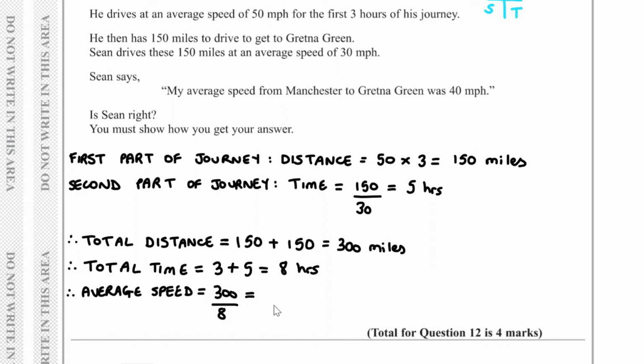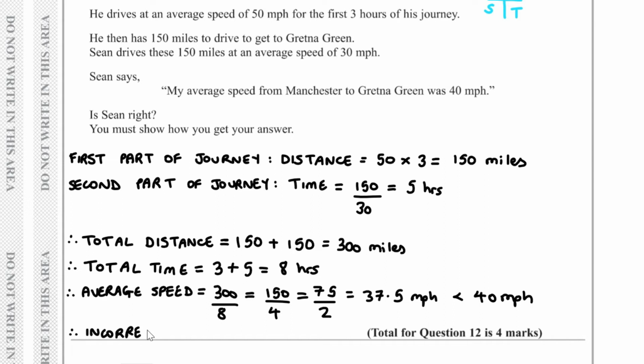So if we divide top and bottom by 2, we have here 150 over 4, which we can simplify to 75 over 2, which is 37.5. So its average speed is 37.5 miles per hour, and this is less than the 40 miles per hour as suggested here, and therefore we can conclude it's incorrect.